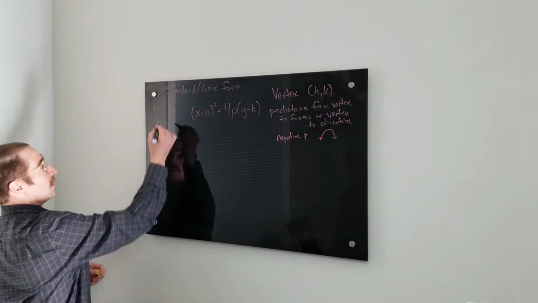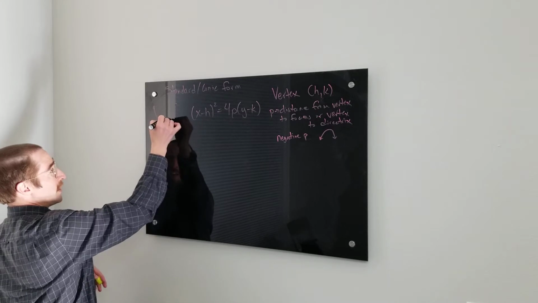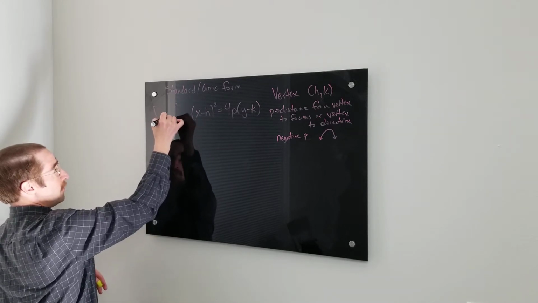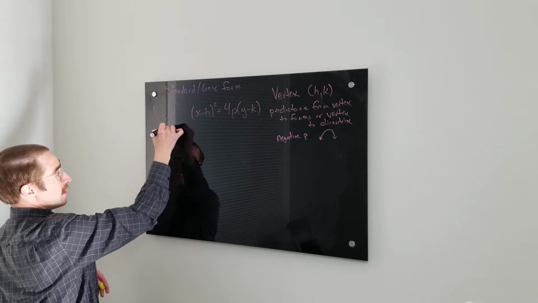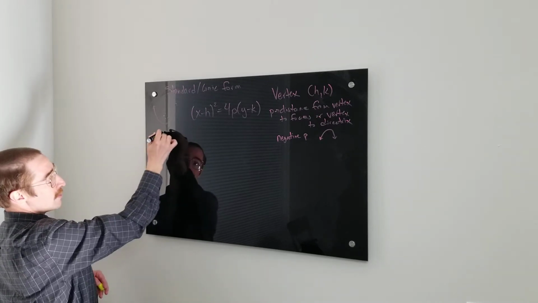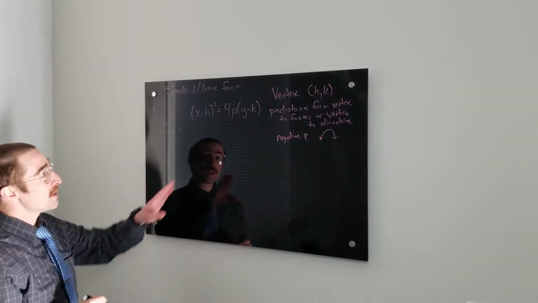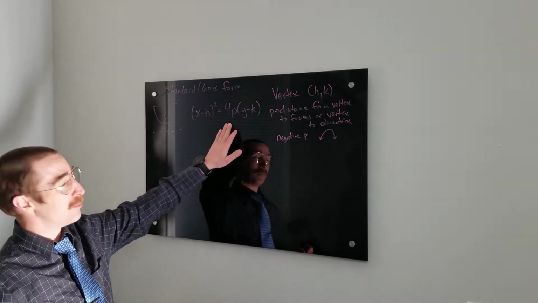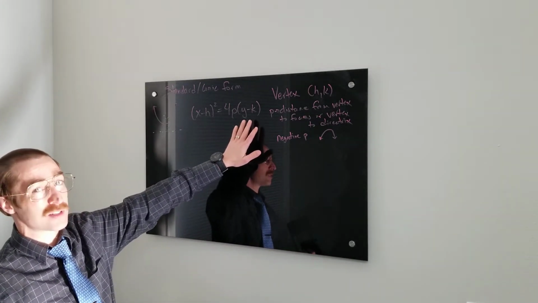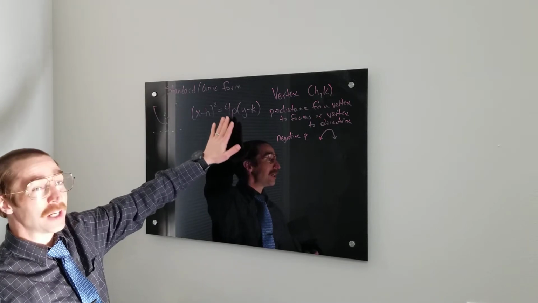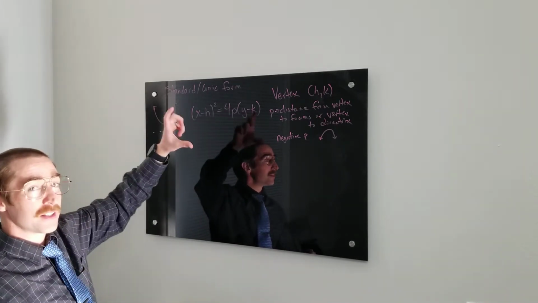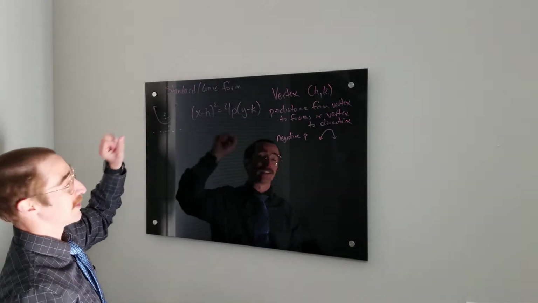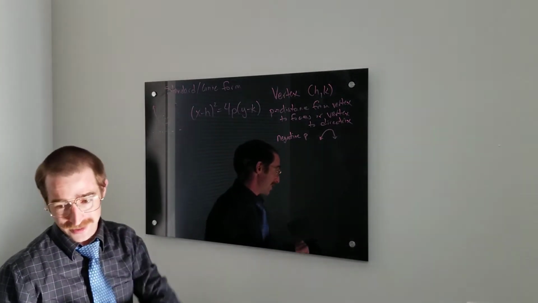Now, if this is your vertex and this is your focus, this distance is p, and this distance is p to the directrix. So this 4p, this number multiplying by y minus whatever, that number p tells you how far from the vertex to the focus and the vertex to the directrix.